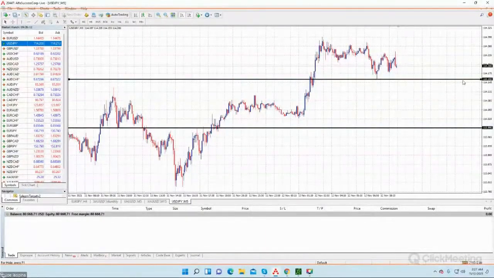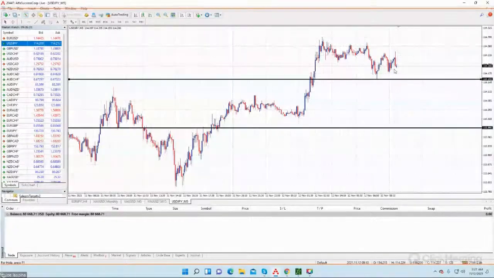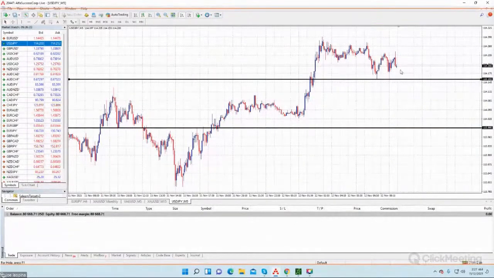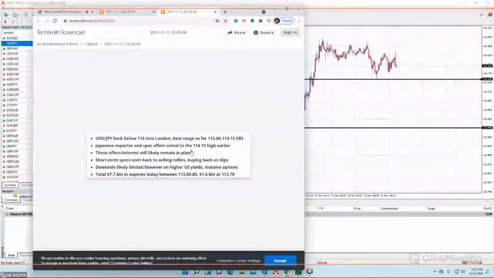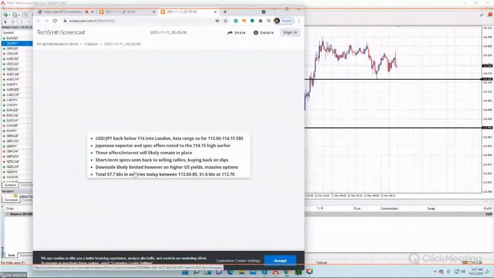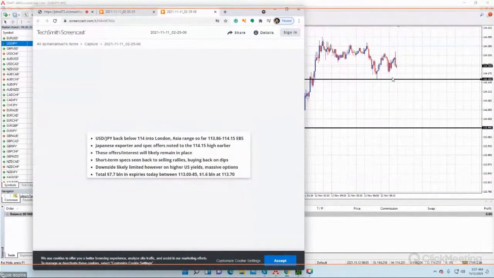You see, they are defending this line today. So if the price stays above 114.15, how much are they going to make? They're going to make like $7.7 billion. But the price has to stay above this price.